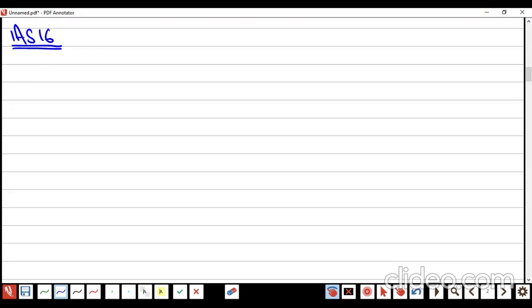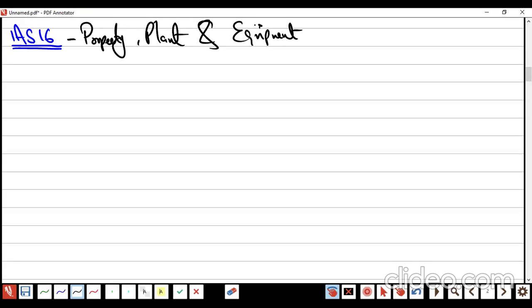Without IAS 16, the examiner will not give you paper, because each and every company has non-current assets, right or wrong? And IAS 16 is dealing with non-current assets. The name of IAS 16 is property, plant, and equipment.